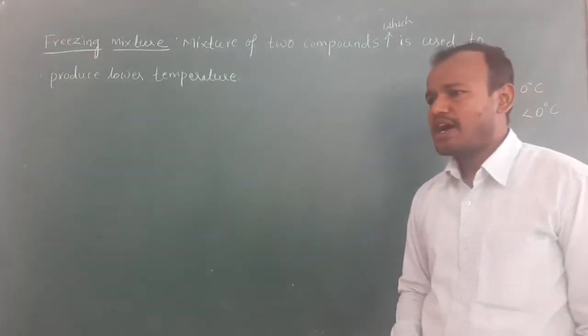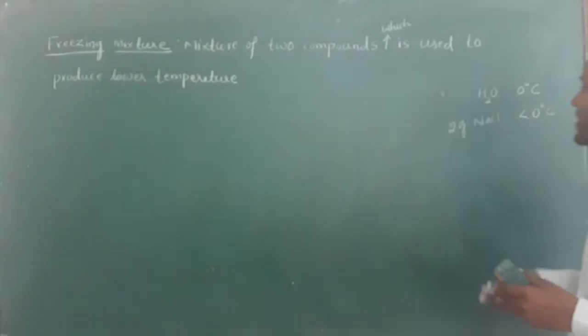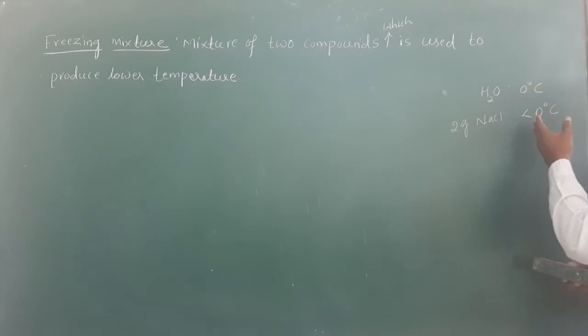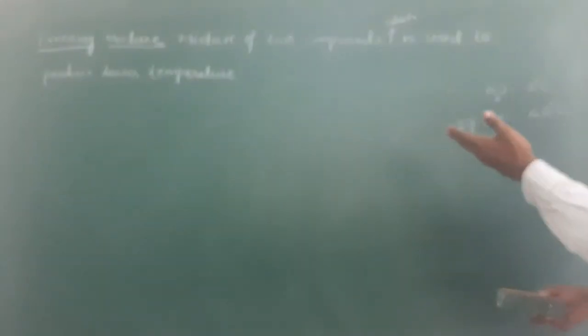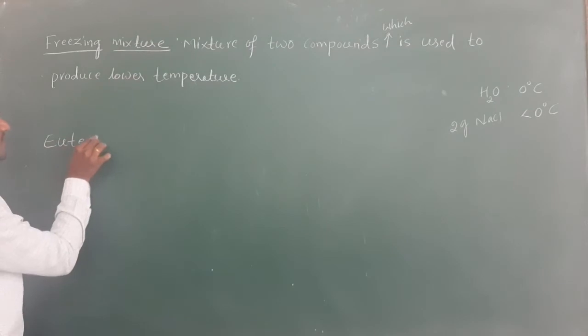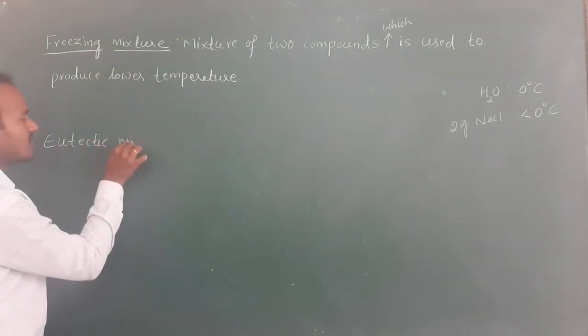But when you go on adding NaCl to the water, its freezing point goes on decreasing and it reaches a minimum, lowest temperature that can be attained by dissolving more and more salt in that solvent, and that particular combination of two components is called a eutectic mixture. What do you mean by eutectic mixture then?